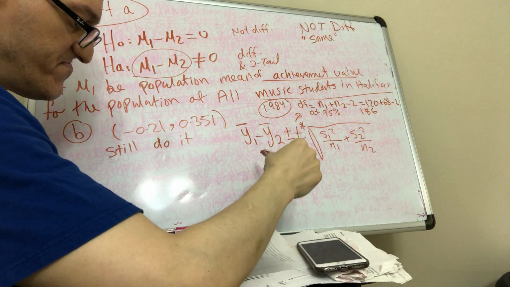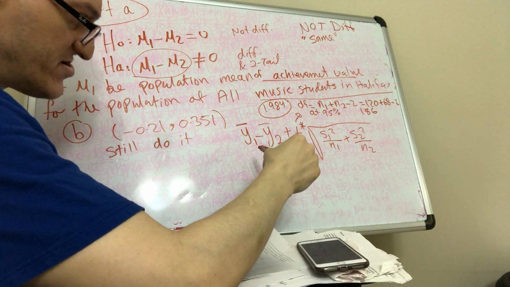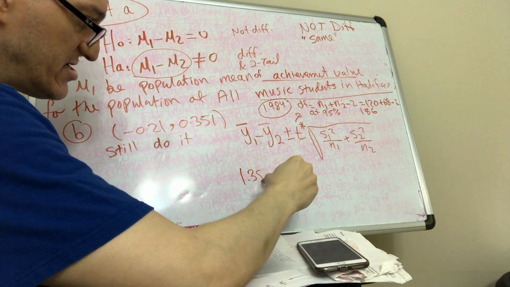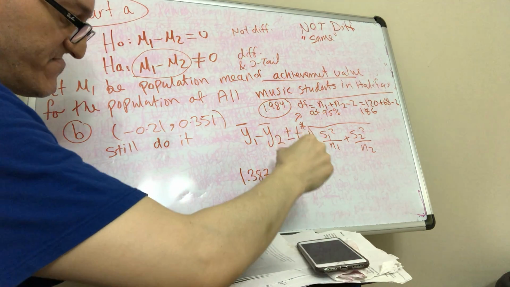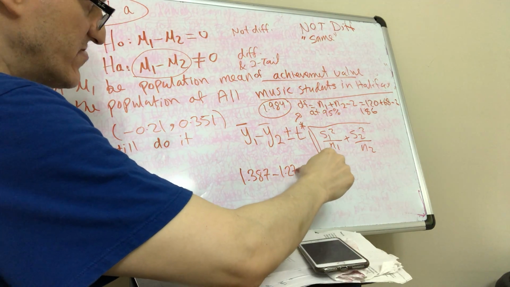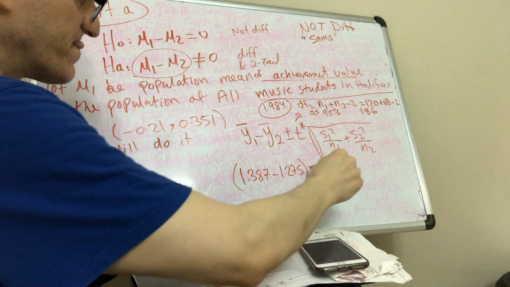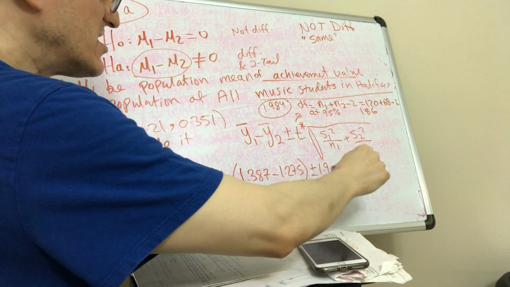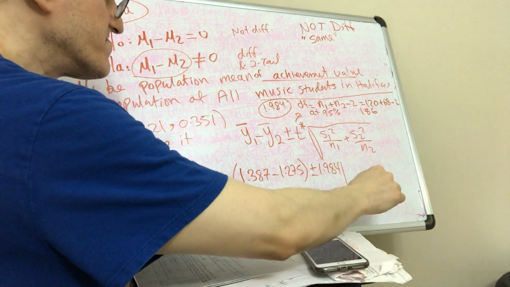In Minitab, the average for Group 1, Halifax, is 1387. For Vancouver it's 1275. Your T-star is 1.984.